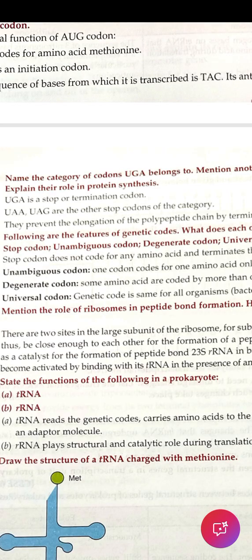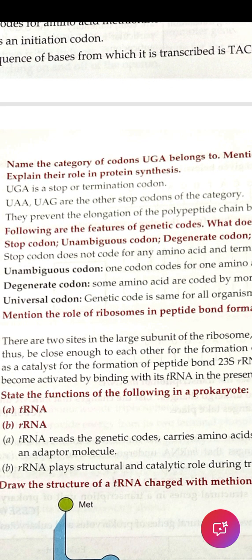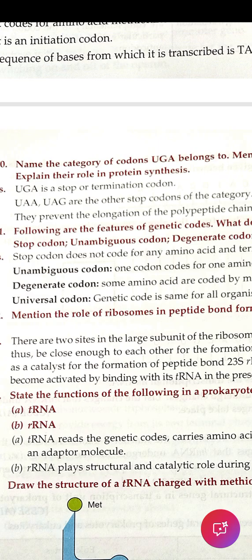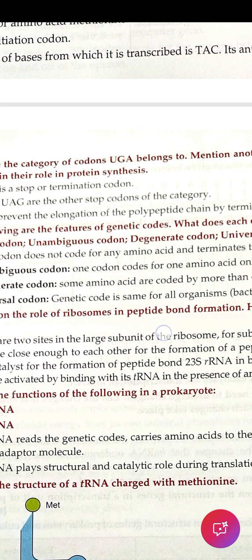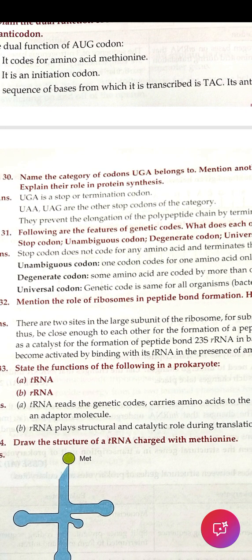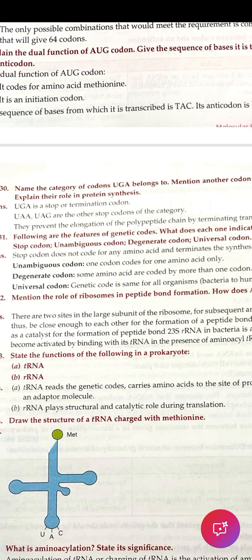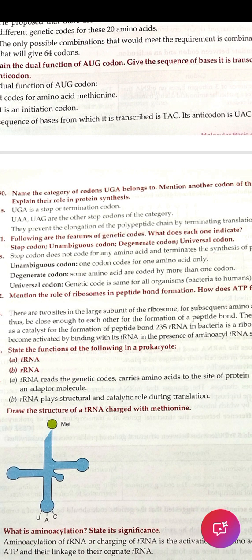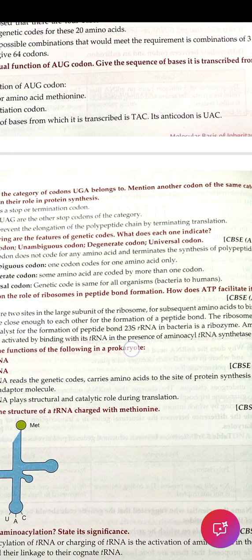The answer: UGA is a stop or termination codon. UAA and UAG are other stop codons of the category. They prevent the elongation of the polypeptide chain by terminating translation.